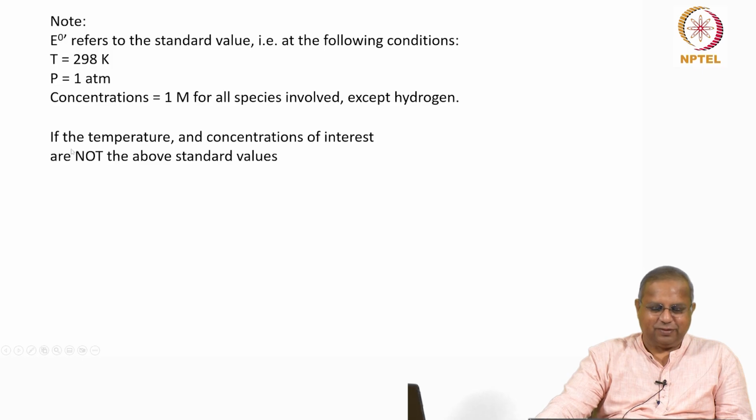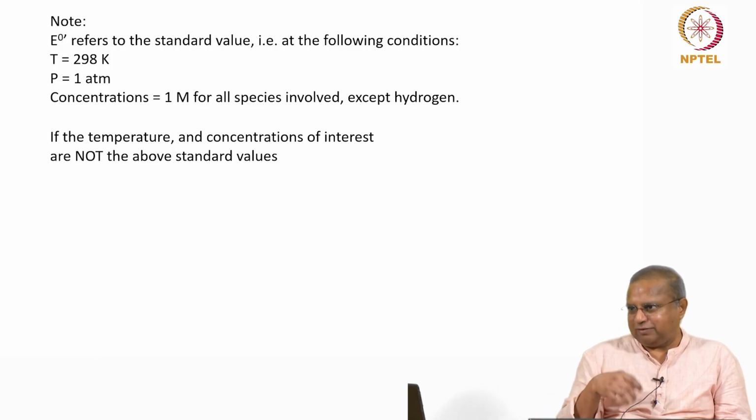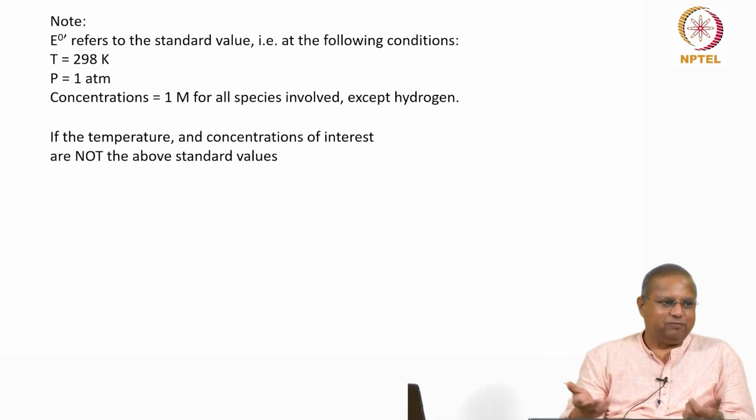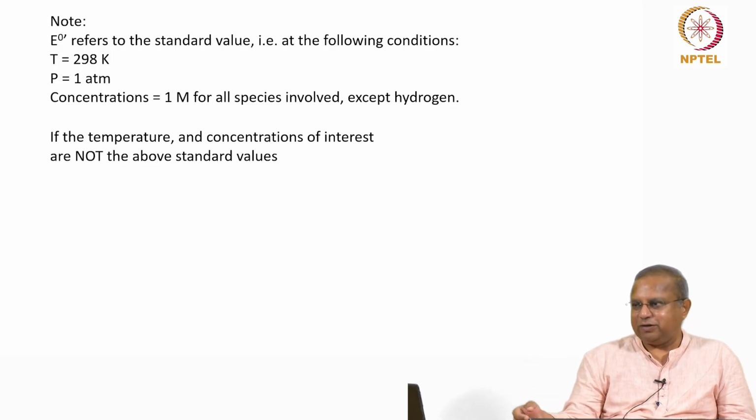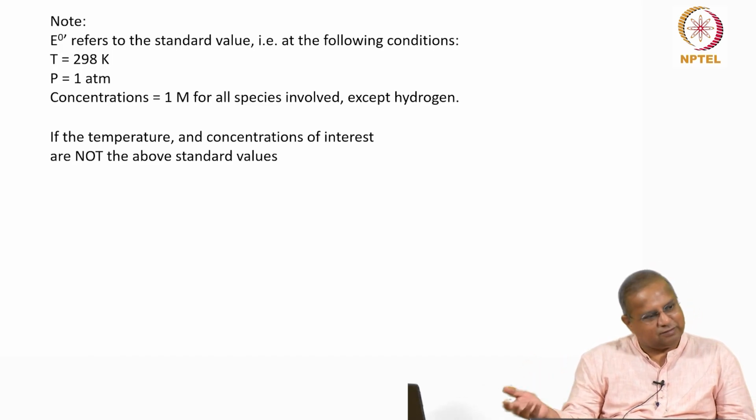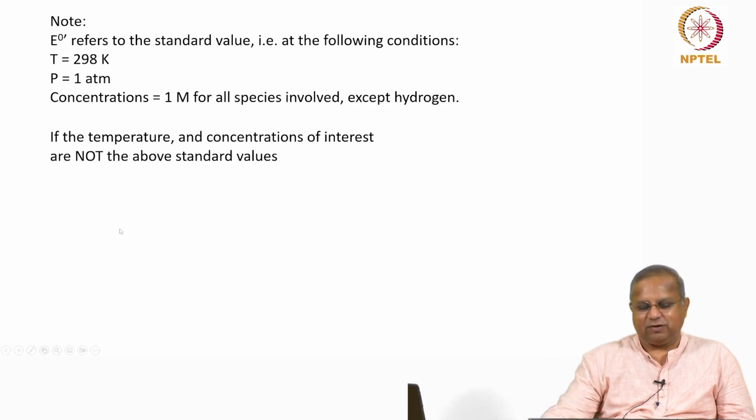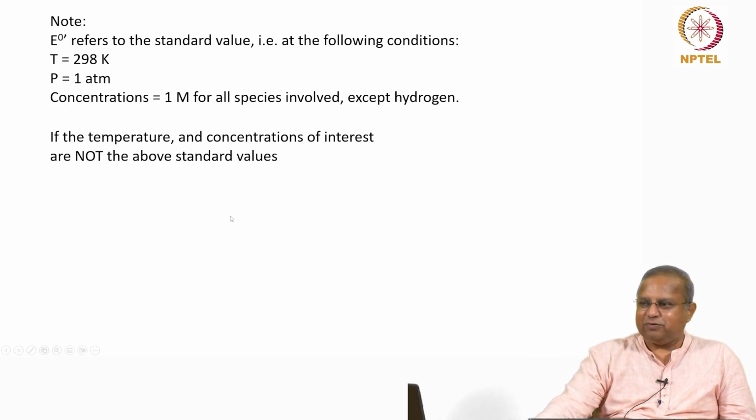However, if the temperature and concentrations of interest are not the above standard values, which will normally happen in the cell, you cannot have 1 molar of each, and the temperature could vary according to what is needed for the cell. The cell could be under temperature stress, whatever. So, if that happens, what do you do?